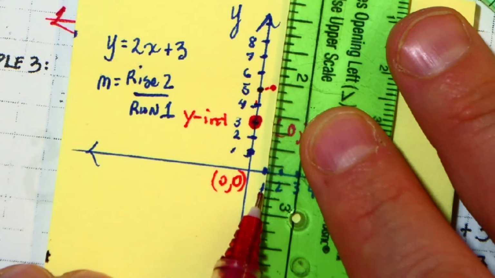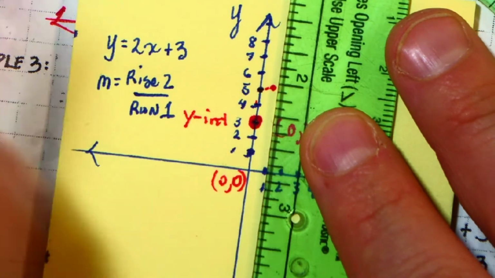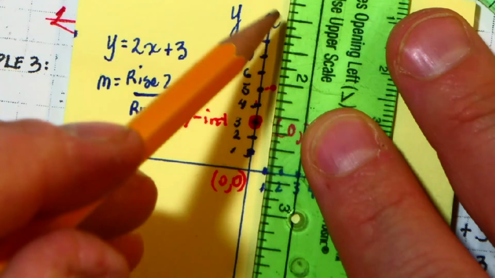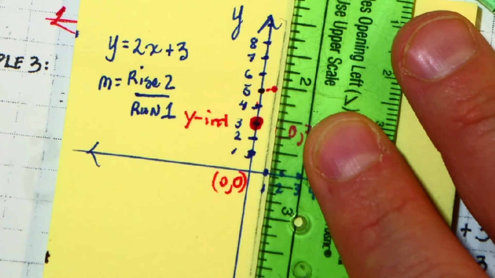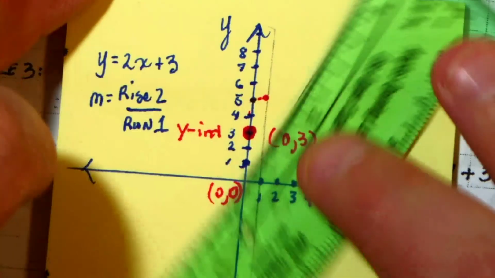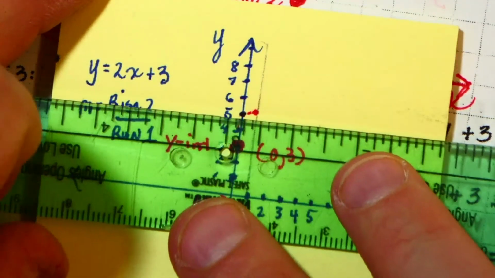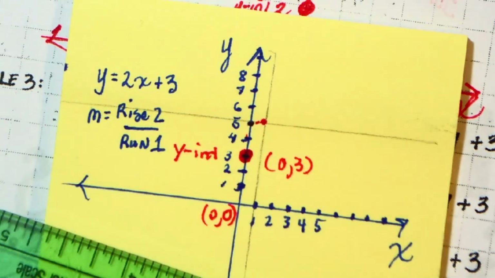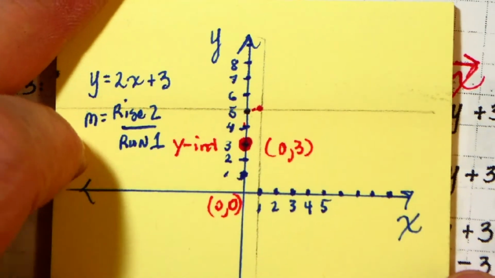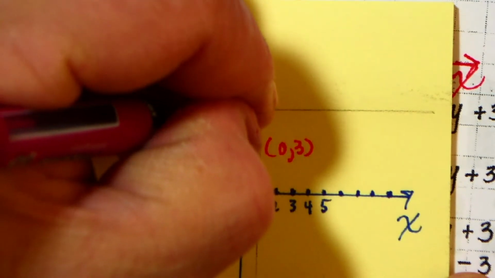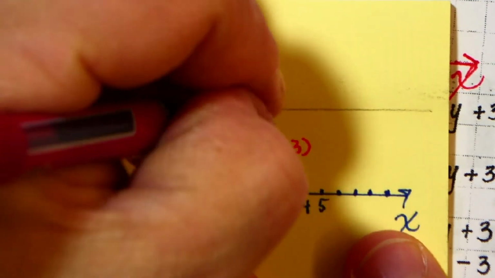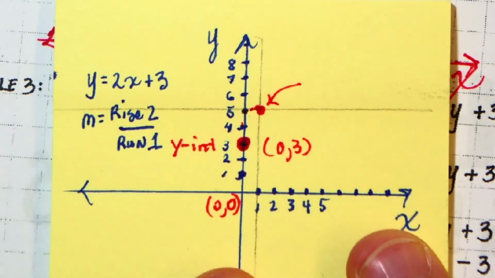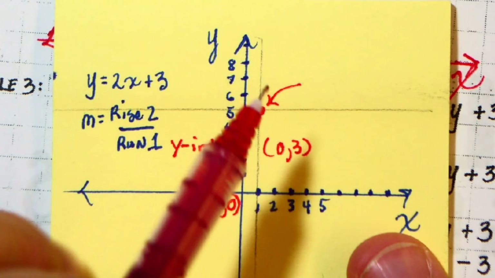Go over to the 1. Sometimes I take a soft pencil and I draw a line there just so I know. And even I'll go up here, draw another line like this. That kind of triangulates exactly where that dot needs to be. Boom. Just like that. This point right here, what are the coordinates to that point right there?